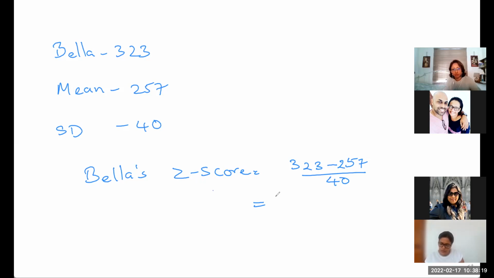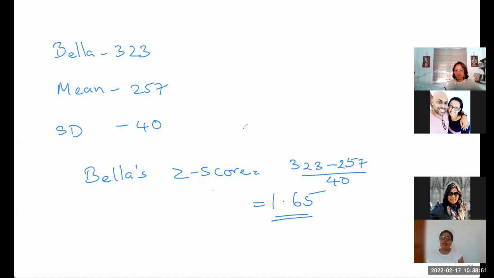Can someone give me, with the correct sign, the answer for Bella's Z score? Yes, to 2 decimal places, 1.65. I hope everyone got that.